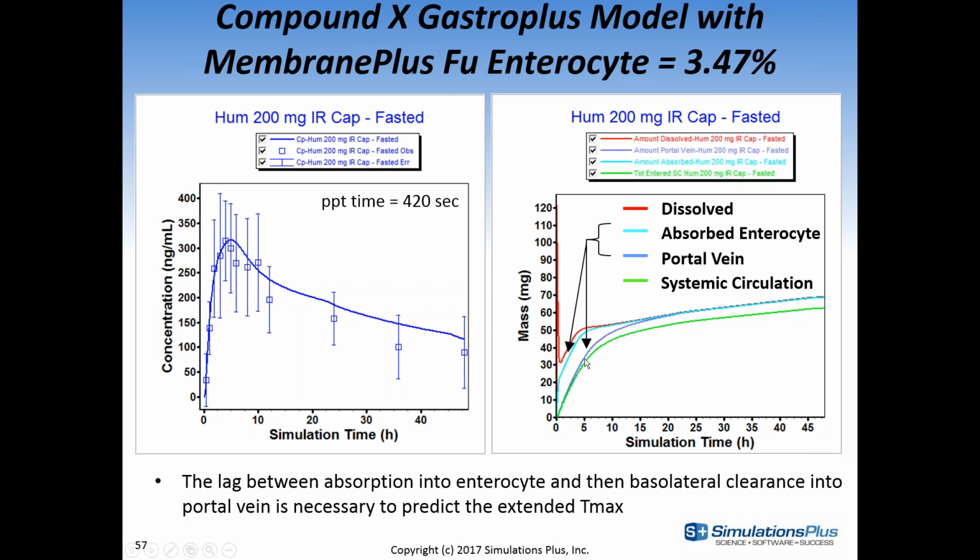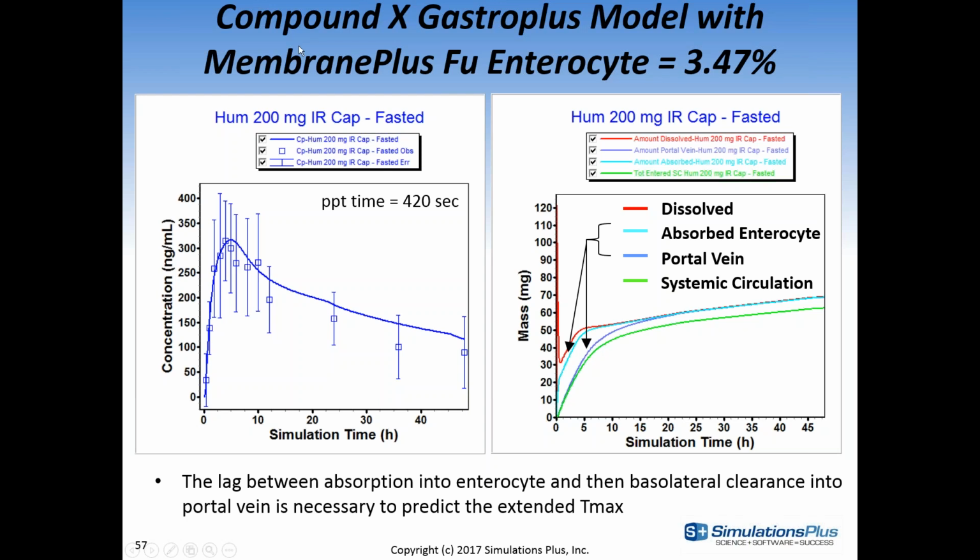So here you can see what happened as we decreased the FU enterocyte value from 100% unbound to 3.47% unbound. You can see this delay that occurs between the amount absorbed in the enterocyte and the time it gets to the portal vein. And this delay caused by that FU enterocyte, all predicted from MembranePlus, determines the kinetics and predicts the Tmax in this case.